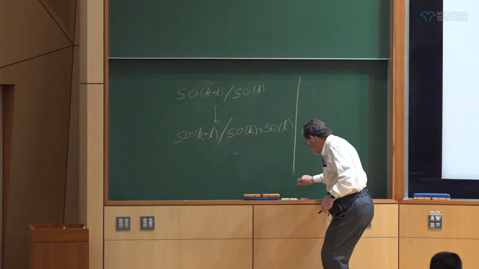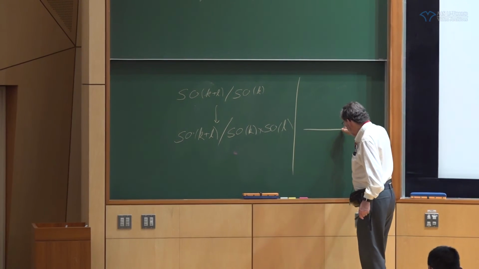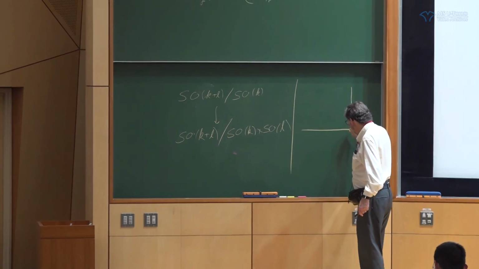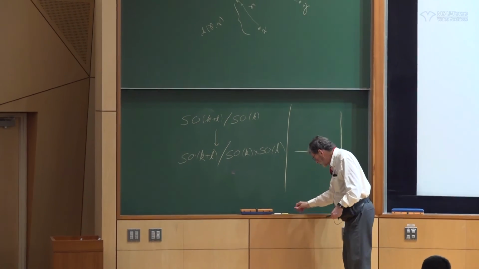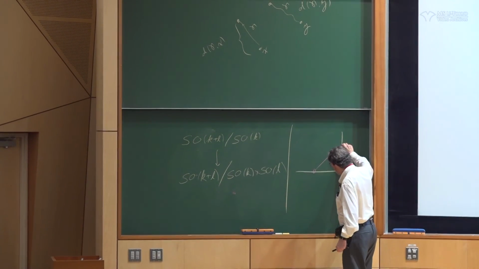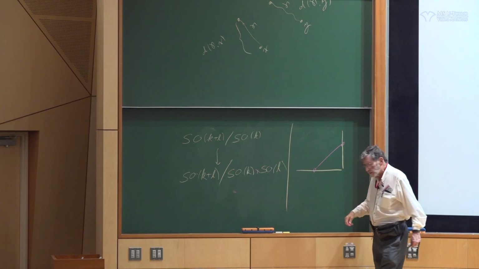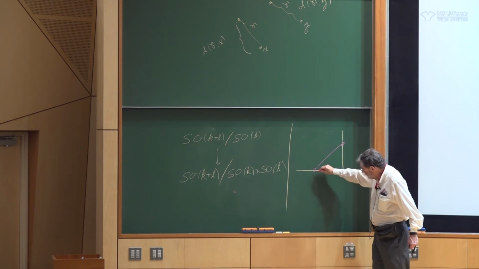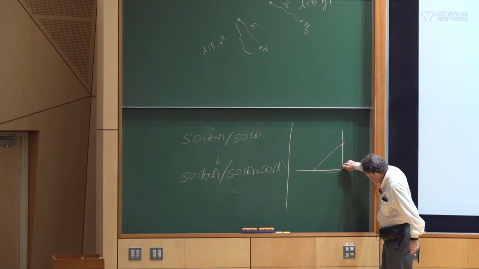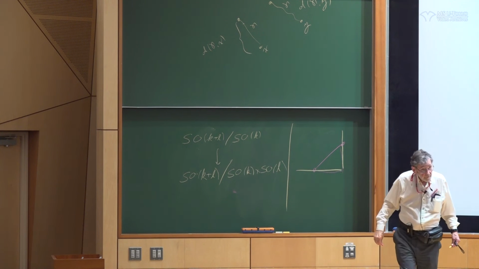And to abstract this situation, you have the base, you have the fiber, you have isometry, so you have constant displacement, and you look to see how it goes along the two.